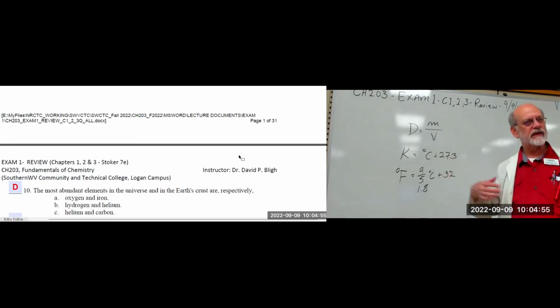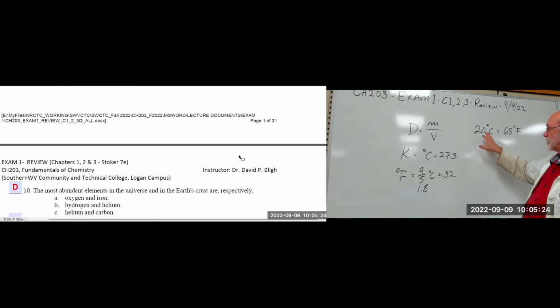I use it to estimate. When you're driving by a bank and they have the temperature on their billboard, it constantly changes, so you can't stop and wait till it gives you Fahrenheit. If it says Celsius, then I know that 20 degrees Celsius is equal to 68 degrees Fahrenheit.